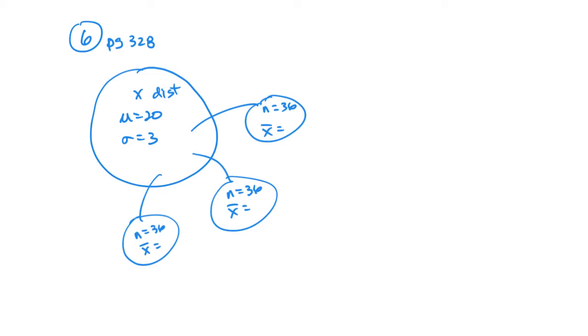All right, so part A says, describe the x bar distribution and compute the mean and standard deviation of the distribution. Okay, well, the x bar distribution, I'm going to say this, it will be normal. How can I say it will be normal when I don't know about the x distribution?